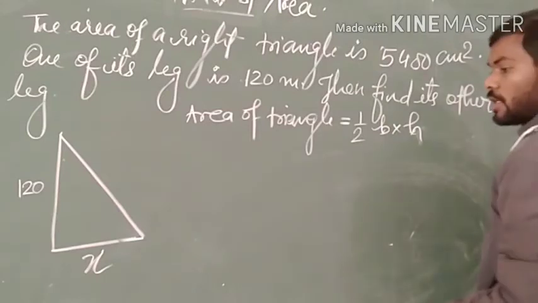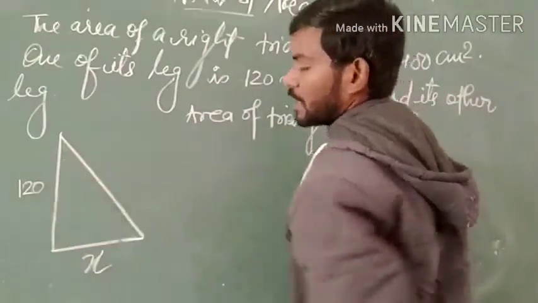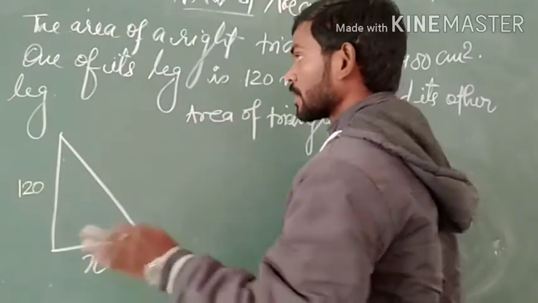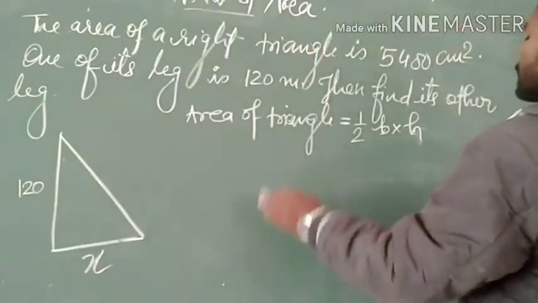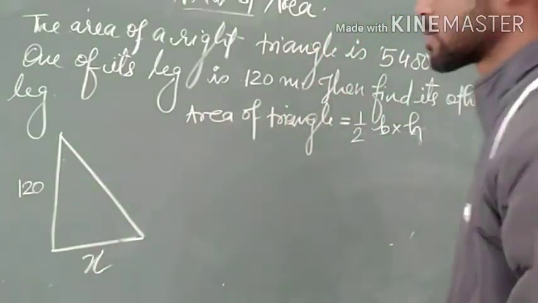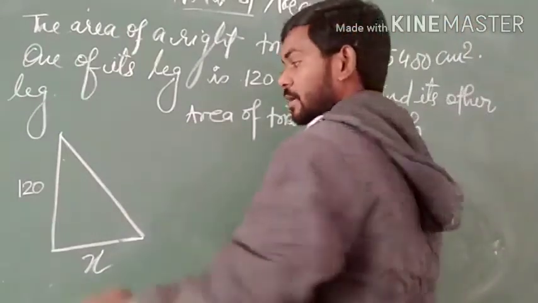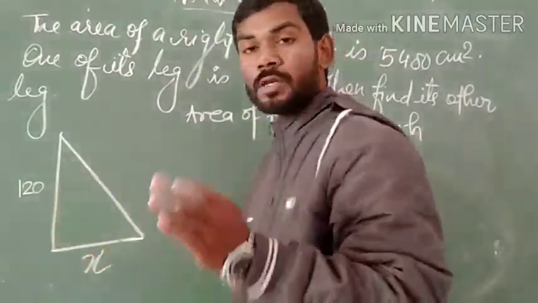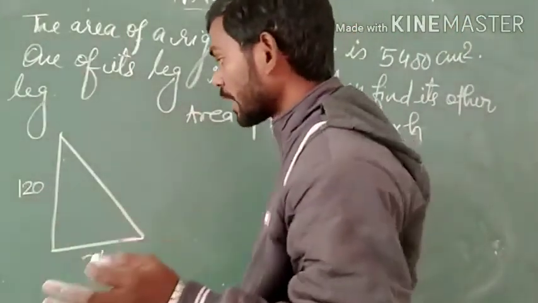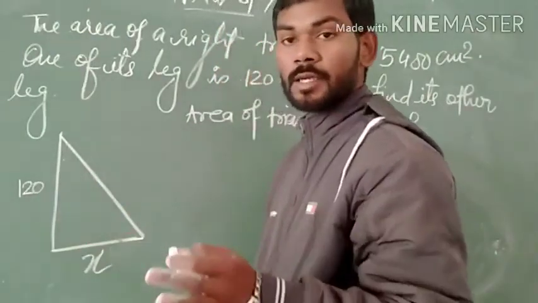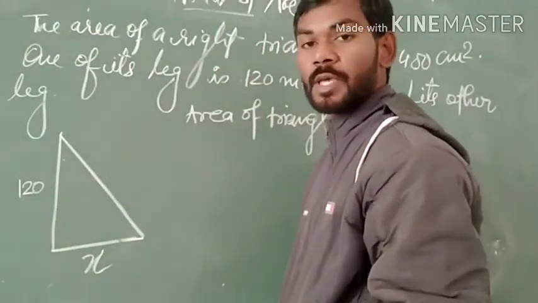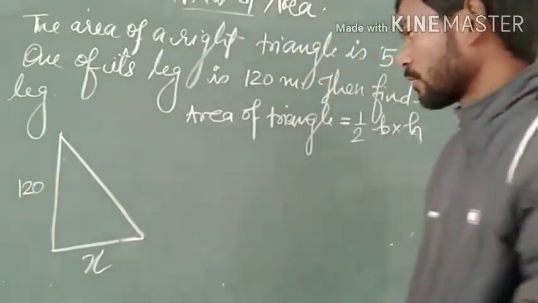So here height is given as 120 centimeter. Since here it is written that one of its length, it is not necessary that 120 will necessarily be its height. No matter, it may also be its base. Okay, you can write it as your base.